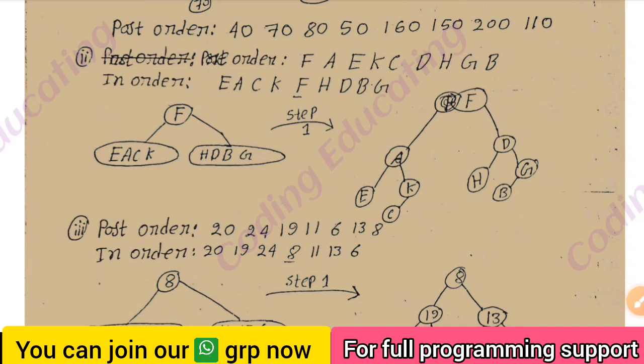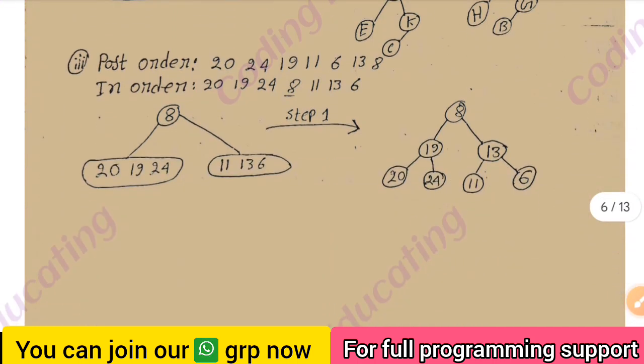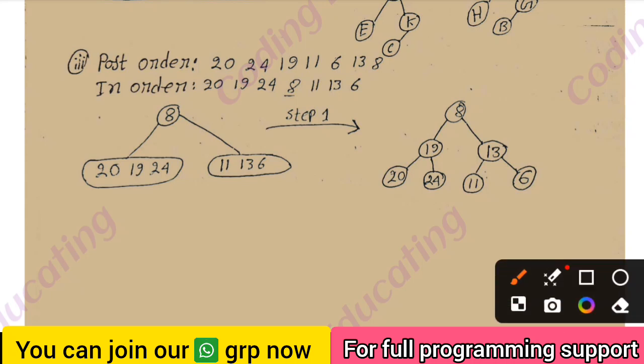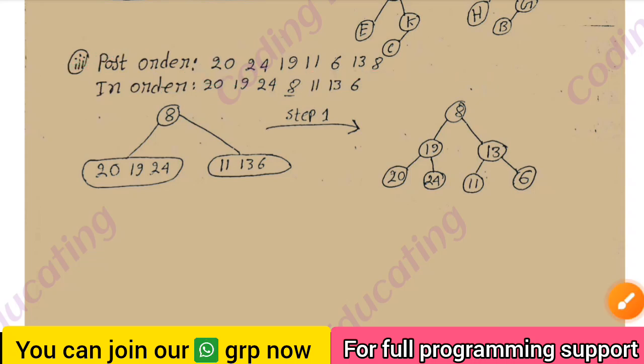This is using pre order and in order, and at this time we are discussing post order and in order. Using post order and in order you can make a tree. You know, in post order we have to take elements from right to left. We know in pre order we are taking elements from left to right.